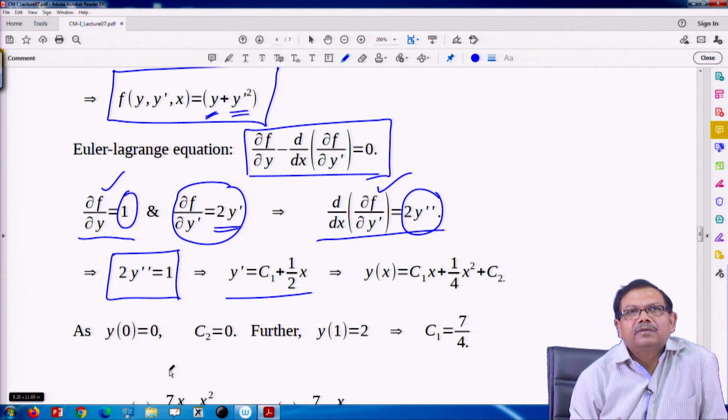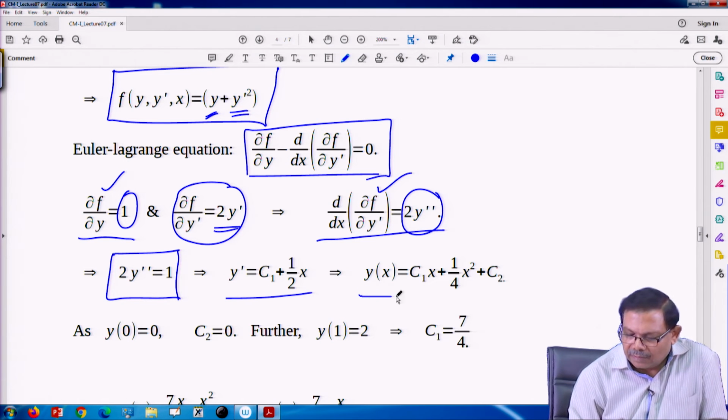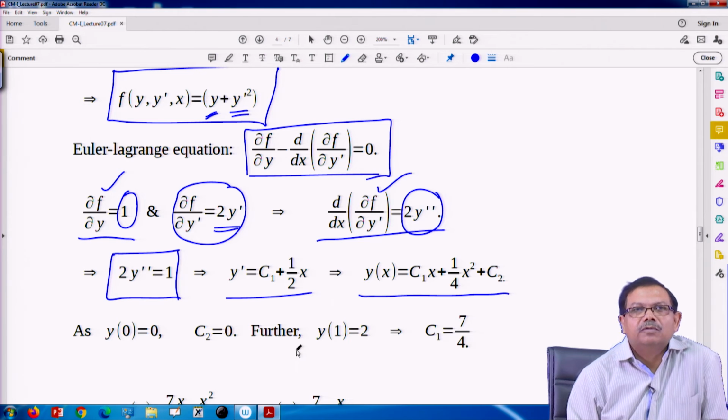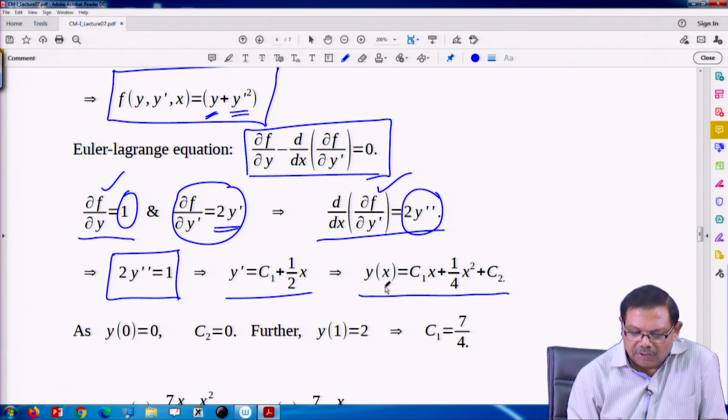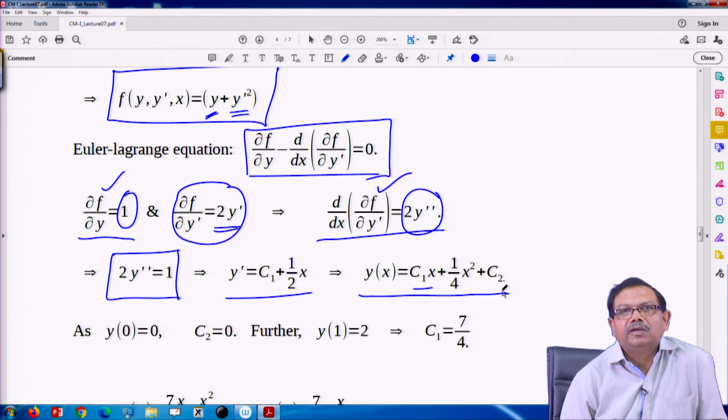If I integrate once again, then we get the equation for the path, or the equation of the desired curve. So, y of x: integrating y prime gives C 1 x, and half x will give 1/4 x square, and there is another constant of integration.